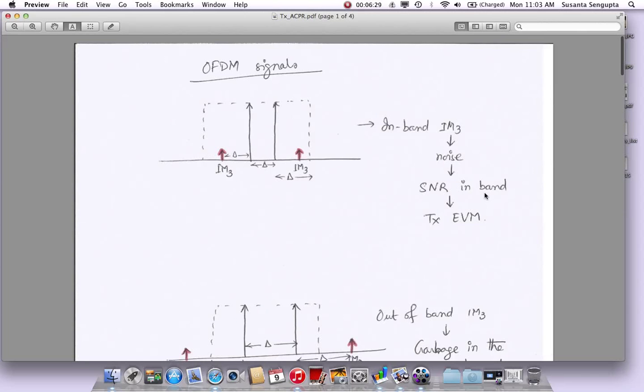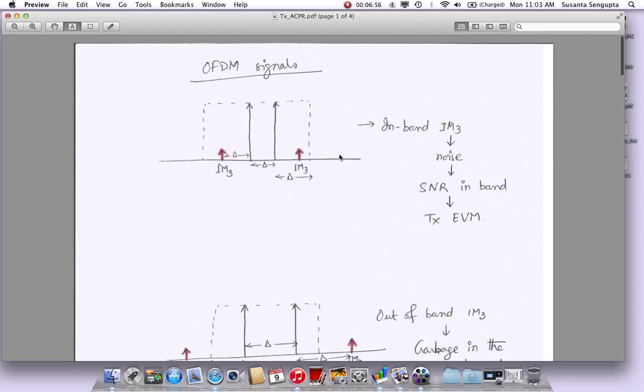In the TX, the signal to noise ratio really is determined more by non-linearity and not by the noise of the block itself. Because when the signal is very strong, you're pumping out a lot of power, and your nonlinear components are also much stronger than noise itself. That determines the SNR, which eventually affects what we call EVM. The TX EVM, you can look it up, is basically like a constellation picture of pretty stars all around.